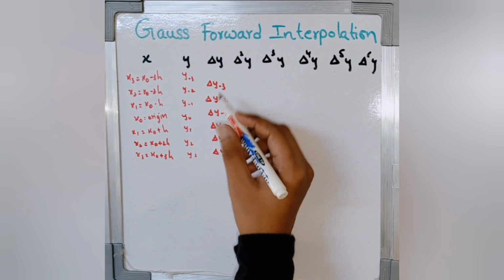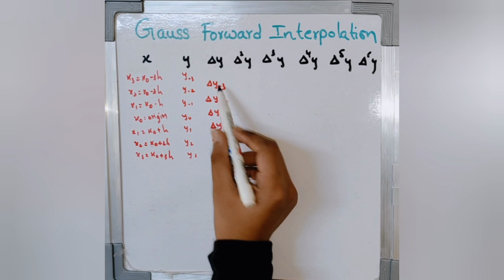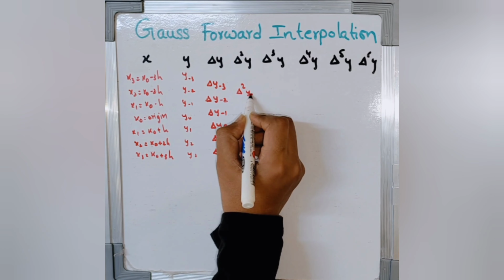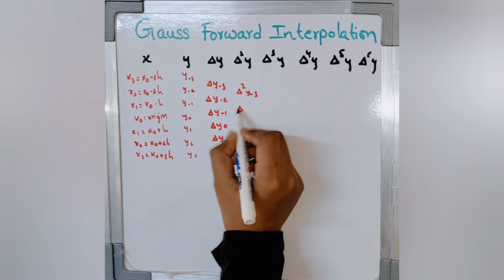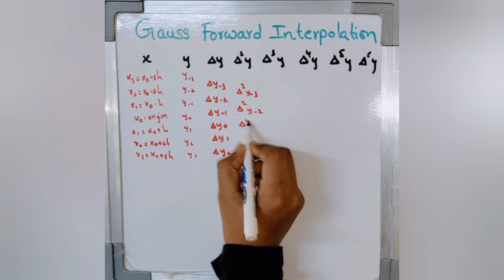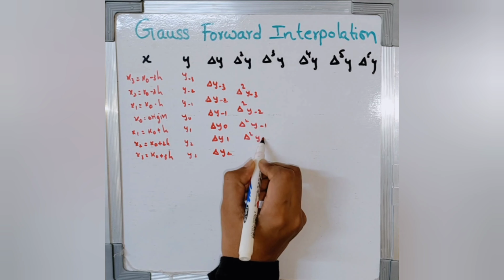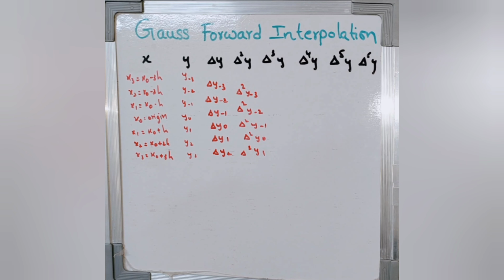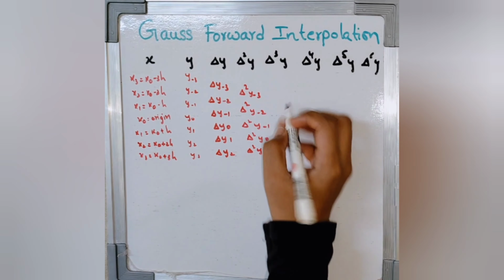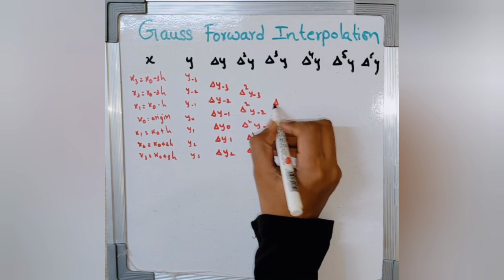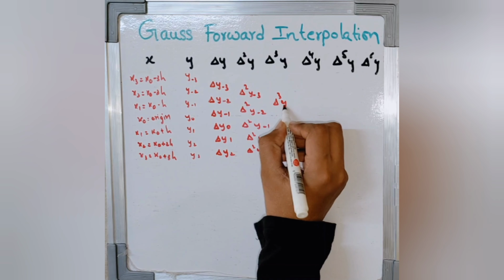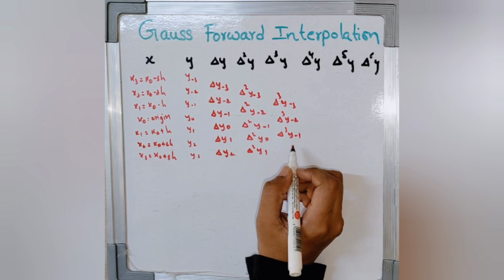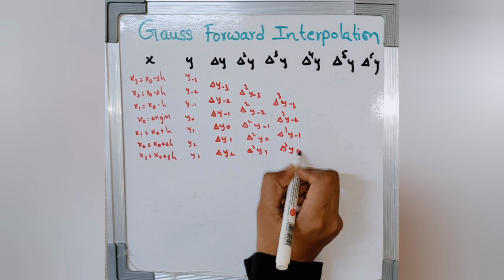And again subtract this, delta y minus 2 minus delta y minus 3, which will be equal to del square y minus 3. Similarly here, del square y minus 2, del square y minus 1, del square y0 and del square y1. Okay. And same here, you have to subtract these both, and you will get del cube y minus 3, del cube y minus 2, del cube y minus 1 and del cube y0.